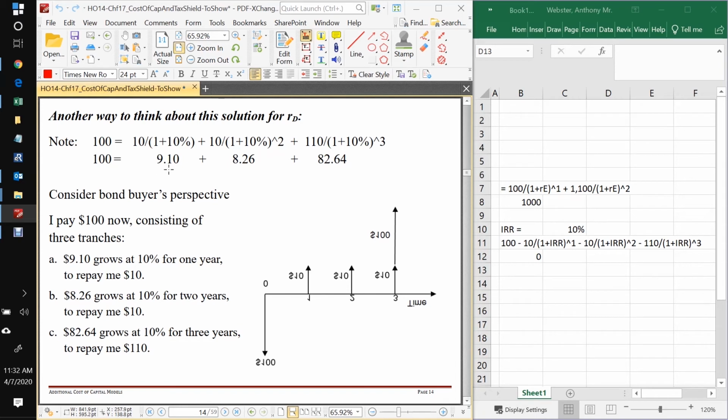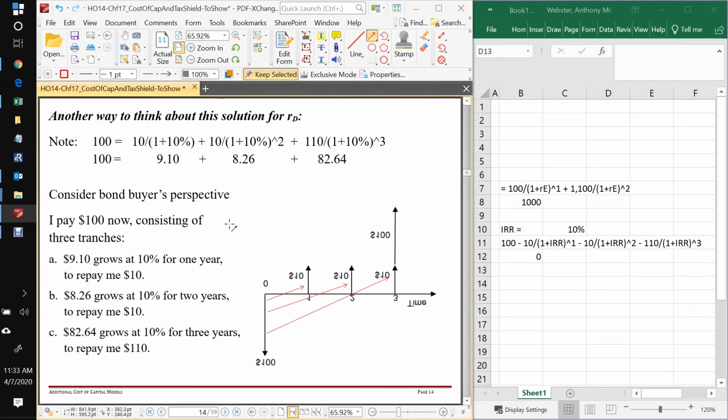One tranche of $9.10, which is going to grow into 10 after a year, and another tranche of $8.26, which is going to grow to $10 after 2 years, and then a final tranche of $82.64, which is going to grow into 110 after 3 years.